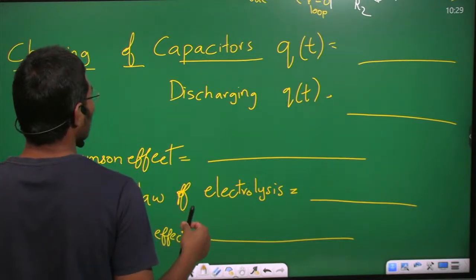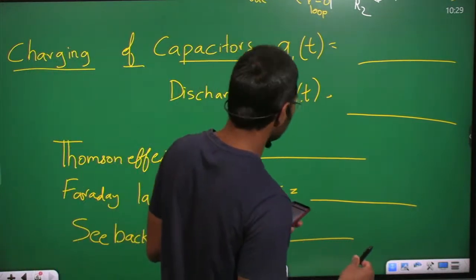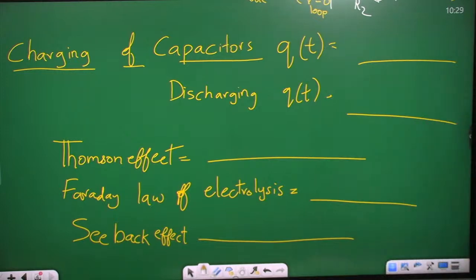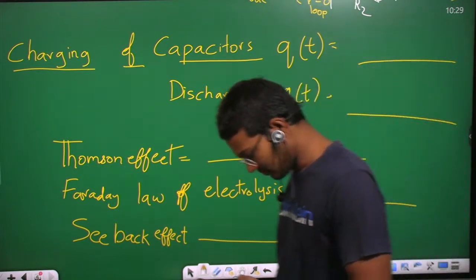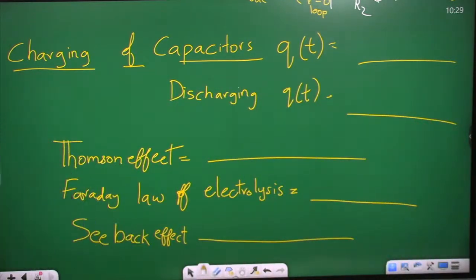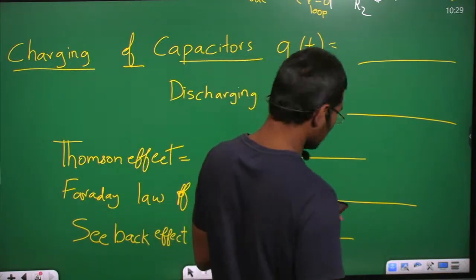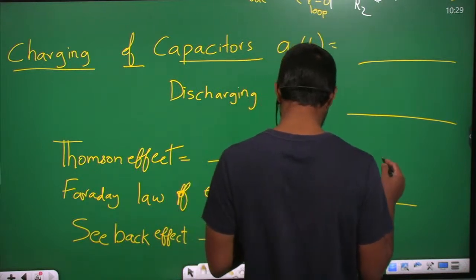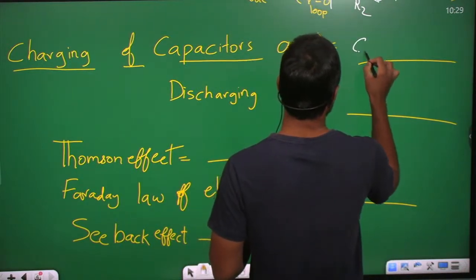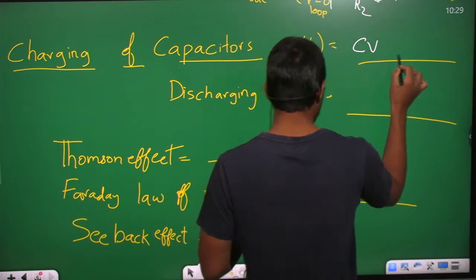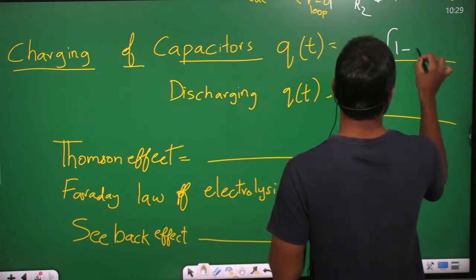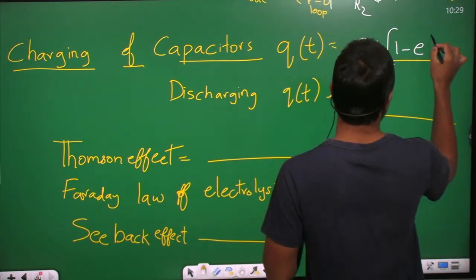So what is charging of capacitors, Q(t)? How do you write them? Come on, let us try to fill this blank. Q(t) is equal to CV in terms of 1 minus e power minus t by RC.